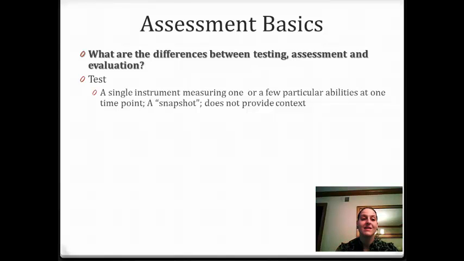So remember that that test is telling you at that specific moment, in the way that the test is designed, what the student can do, right? So we should be careful as teachers to treat tests as just a sample of a student's knowledge and ability.